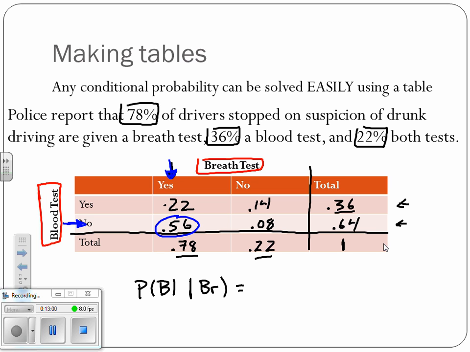So another way to think about this, we know at this point that we've gotten everybody out of this 78% of people right here that have been given the blood test. We're going to separate that group and then find the probability that an individual is also given the blood test. So we'll set up our conditional. We'll follow the conditional rules. So this would be blood given breath.